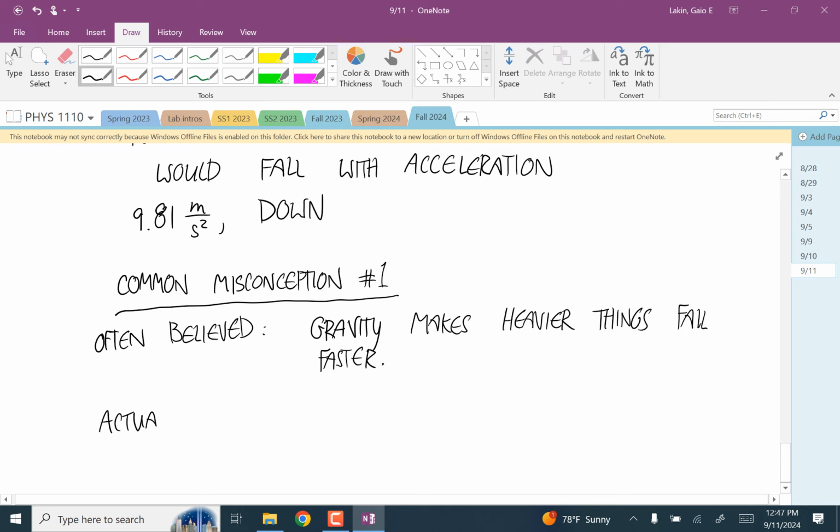Actually, what really happens is gravity makes all objects fall with an acceleration of 9.81 meters per second squared.